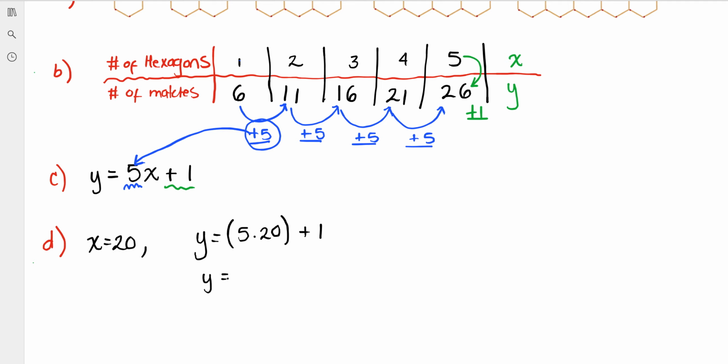That's 100 plus 1, which is 101 matches. We can write it here in our table if we want: if I have 20 here, this one is going to be 101. Wonderful, girls.